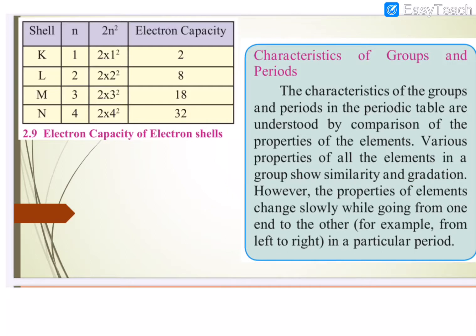Gradation means an increase in the number of shells or electrons, and the properties of elements change slowly while going from one end to the other in a particular group.